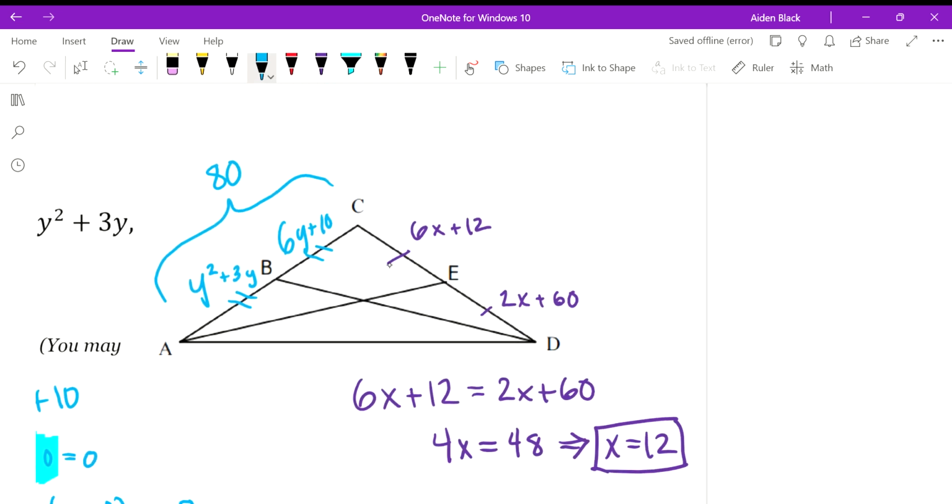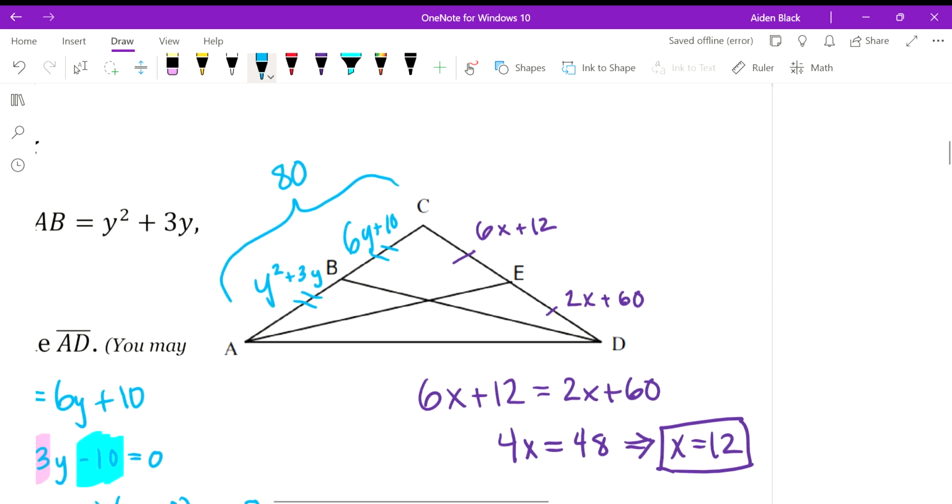And then if x equals 12, let's plug it in here. That'd be 24 plus 60 would be the length of ED. So we get 84. Wow, that does not make sense. So this whole thing would be 84 times 2, which is 168.